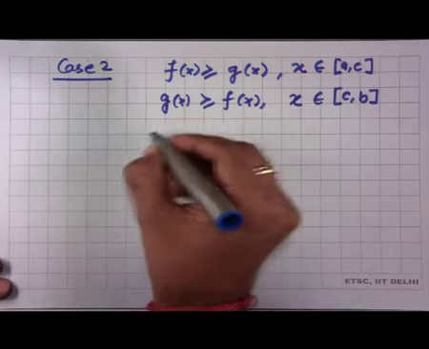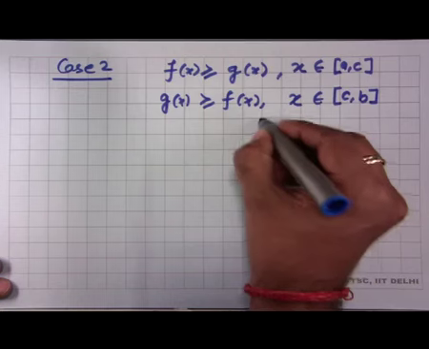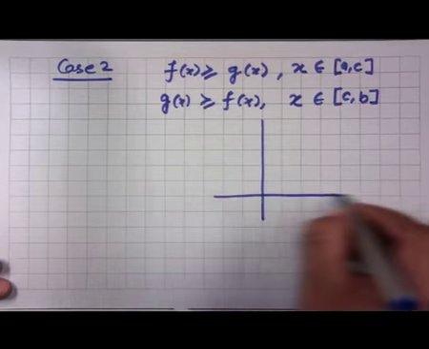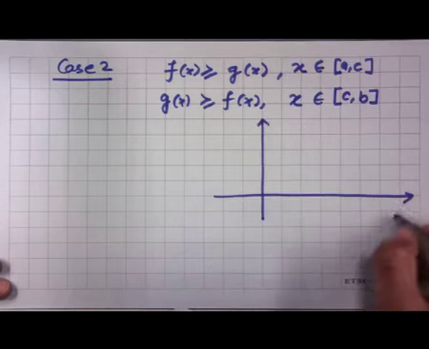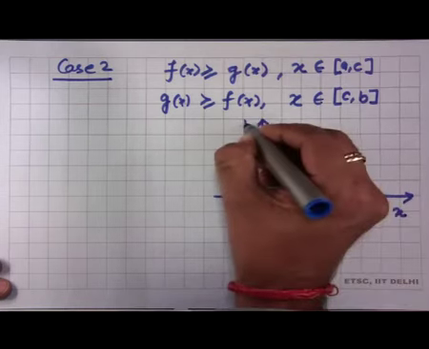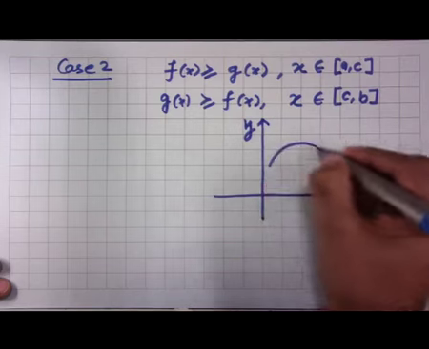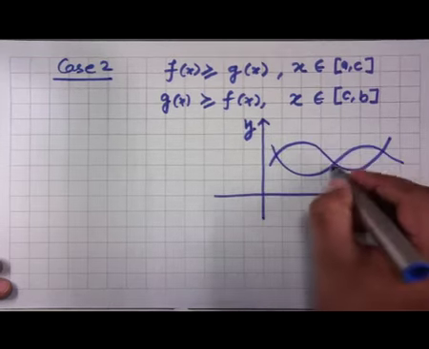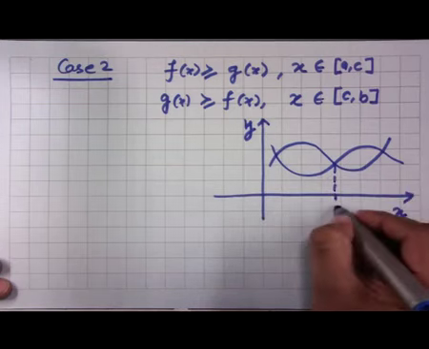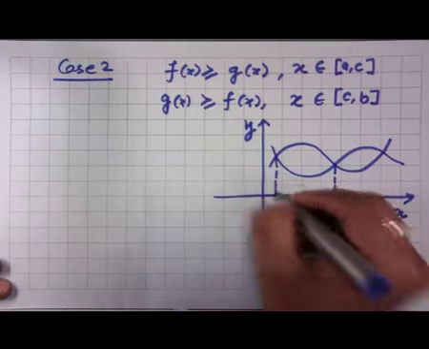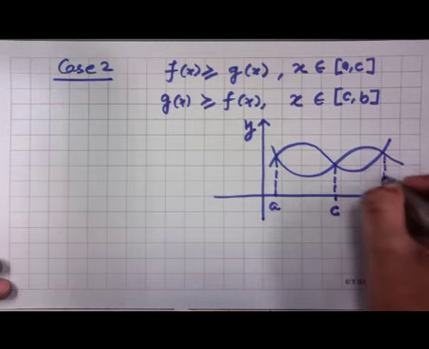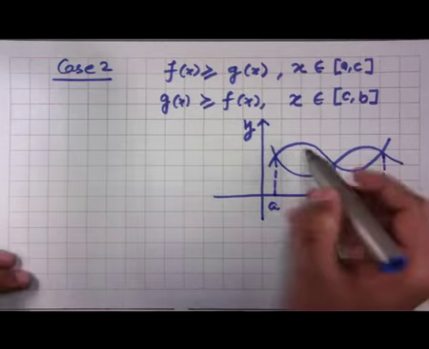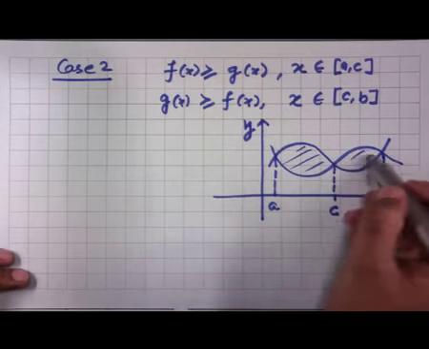And the situation can be represented graphically as following. So, we have f(x) and g(x), this is point C, this is A and this is B, and we are looking for this area.